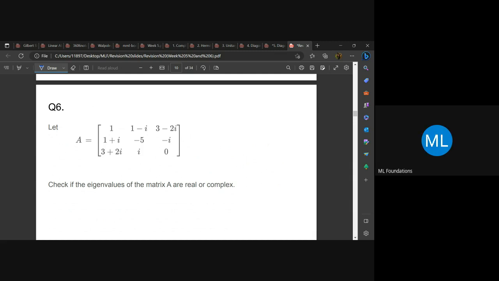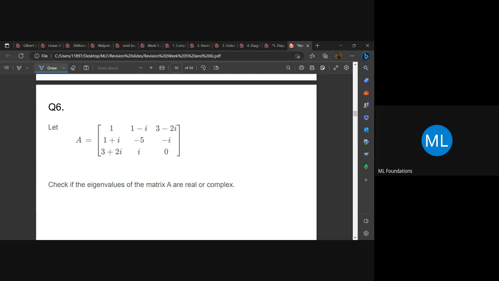Real. Why is that? It is a Hermitian matrix, right? So whenever things like that come up, do not always go for finding the eigenvalues, because that is difficult to do. It becomes very difficult to solve for 3 cross 3 matrices.